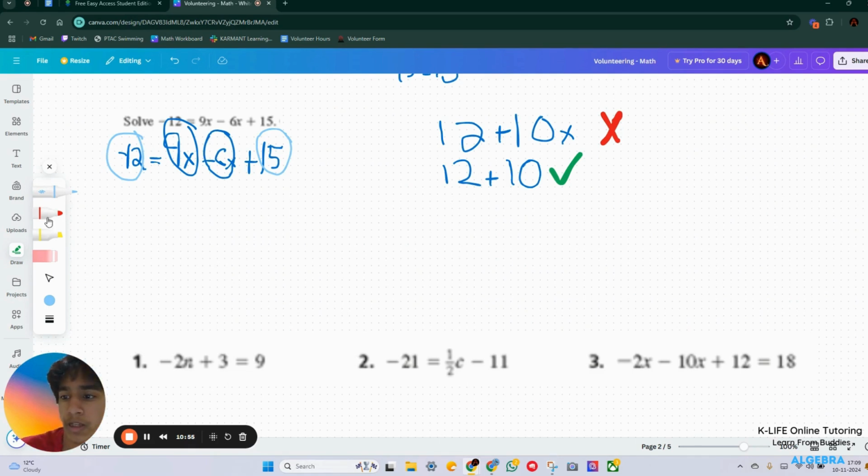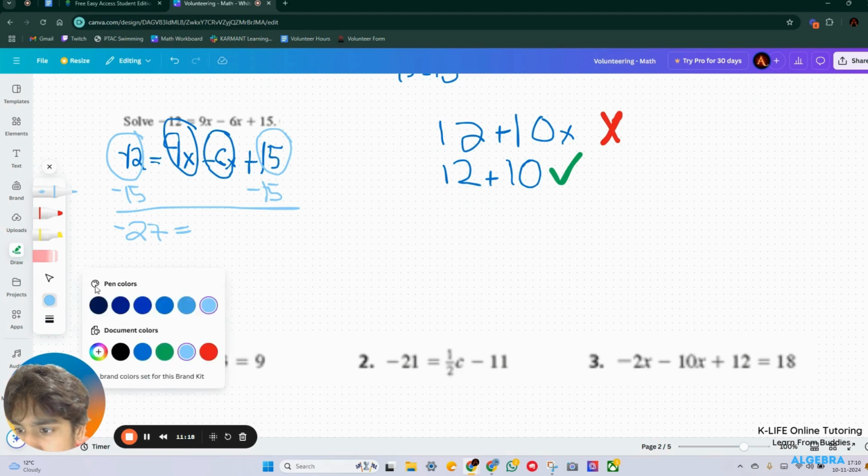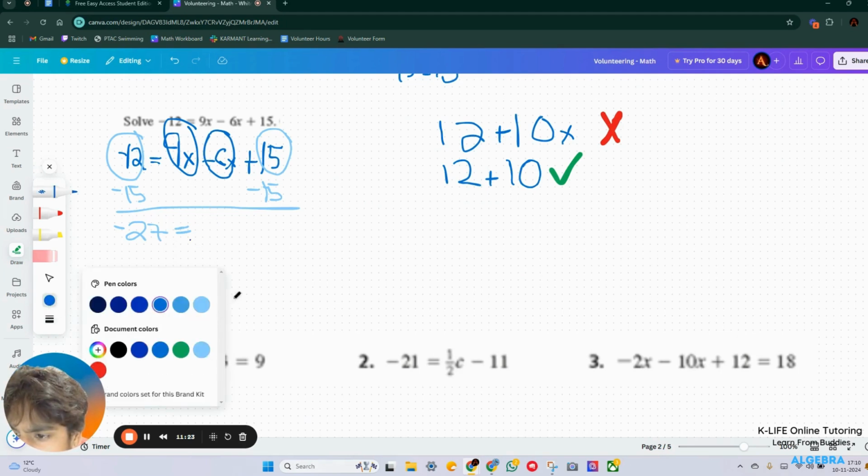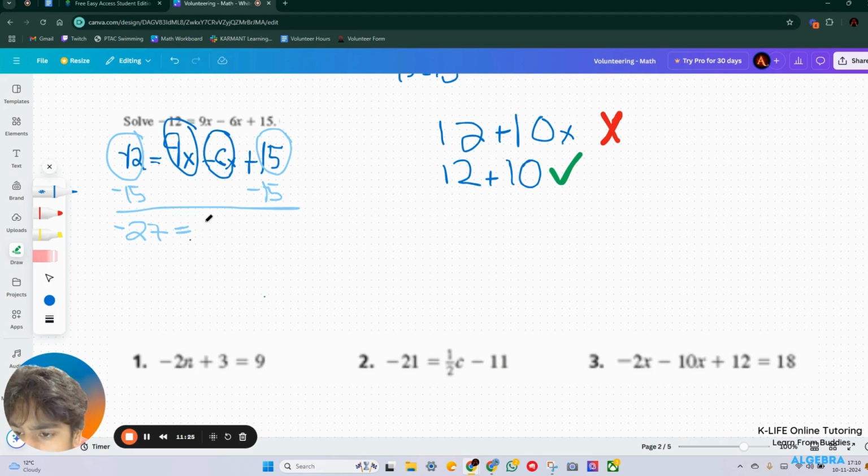I'm actually going to do them in different colors for you to understand. So first we do negative 15, because that's what you do, isolating the variable, right? That's our basic goal first. So that gets us negative 27 equals, let me just change the color. Is it too dark? I think that's too dark. Yeah, this one's better. And then we have 9x minus 6x.